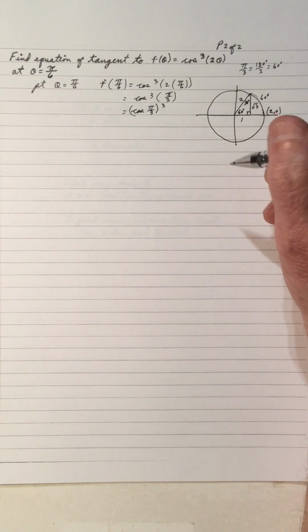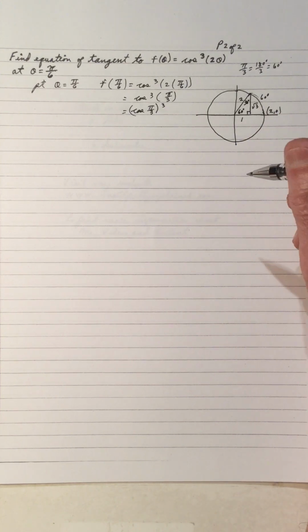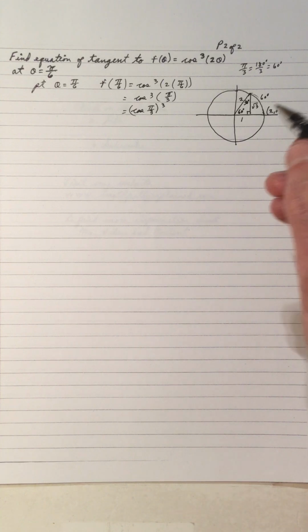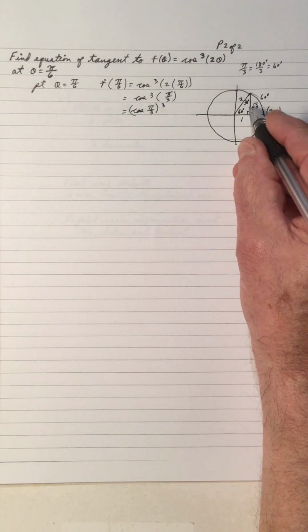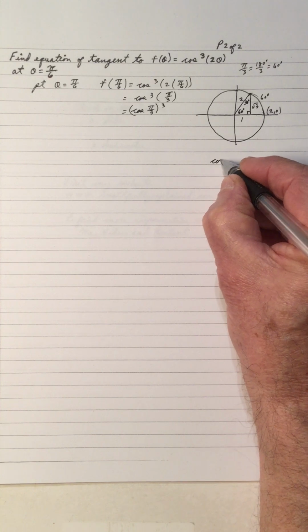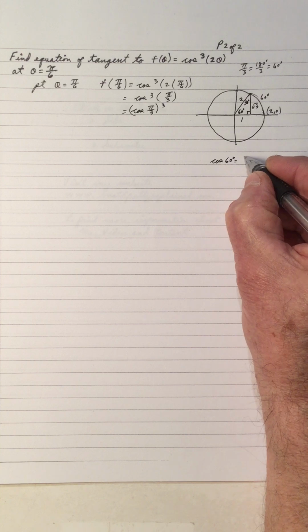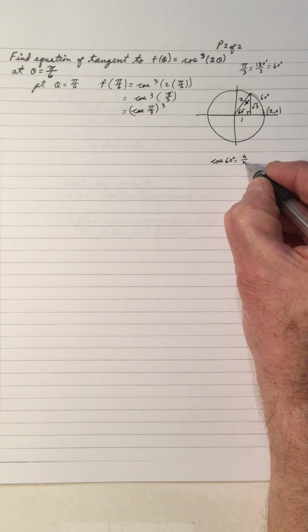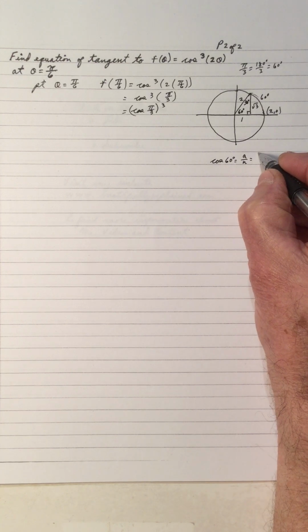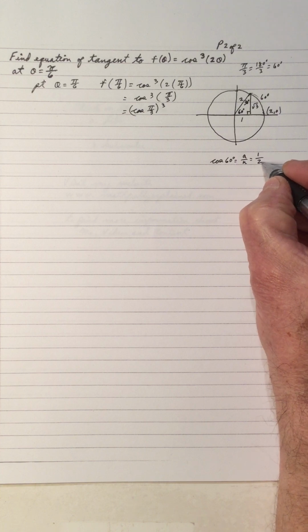So therefore I'll have to use opposite over adjacent for tan and adjacent over hypotenuse for cos. So the cos of pi over 3, which is 60, is the adjacent over the hypotenuse. And so the adjacent is 1 and the hypotenuse is 2.